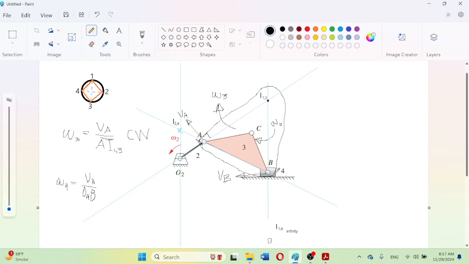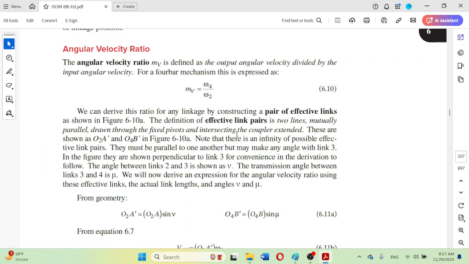The rocker length is infinite, so that means the O4 point is at infinity. So when VB is divided by the infinite length, omega 4 will be 0. So from this equation we can observe that the angular velocity ratio will be 0 in this case.